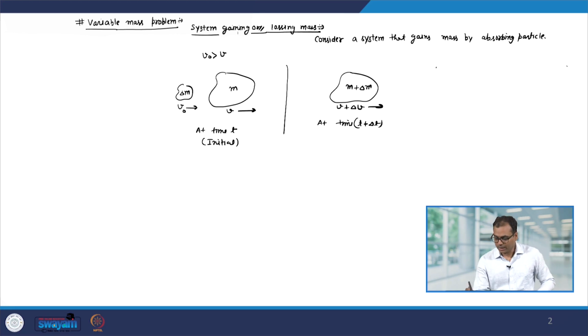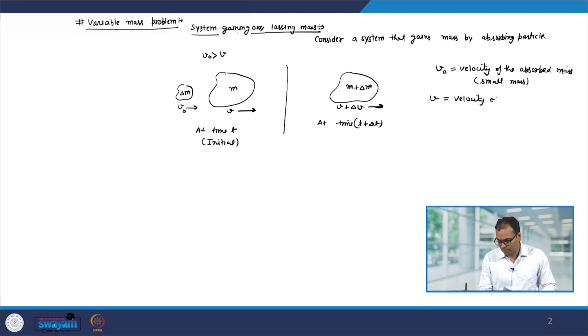Now here note that v naught is the velocity of the absorbed mass, or the small mass or a small particle, and v is the velocity of the system that gains mass, or you can call it the bigger mass.